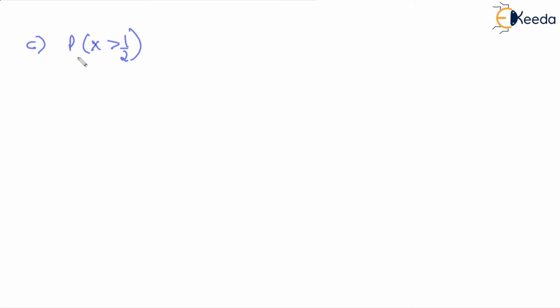So x greater than 1 by 2 can go up to any value, but definitely we can write it as 1 minus probability of x less than equal to 1 by 2. Why have we written x less than equal to? Because this is including greater than, that means it is excluding x equal to 1 by 2. So I'm not writing x less than 1 by 2, I'm writing x less than equal to 1 by 2.